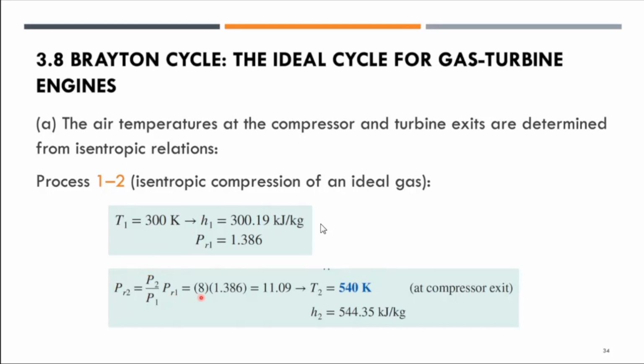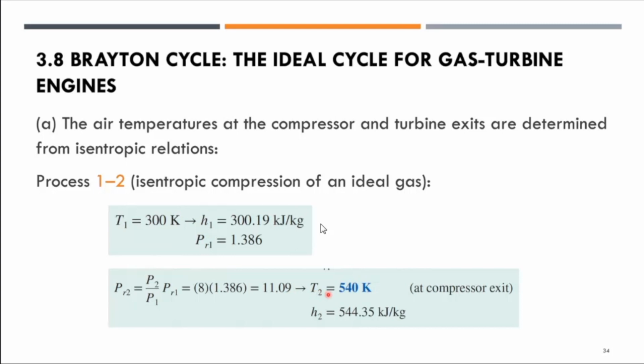We then have the expression here. The pressure ratio P2 over P1 is 8. From the ideal gas table, for air at 300 Kelvin, you get the Pr1 value of 1.386.